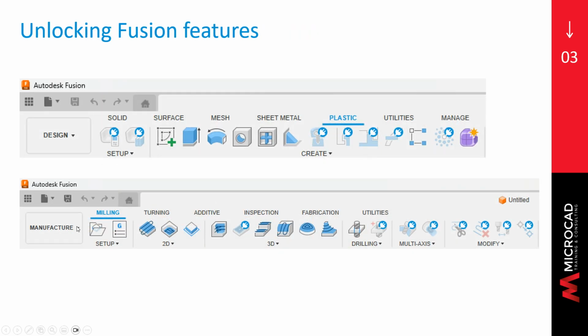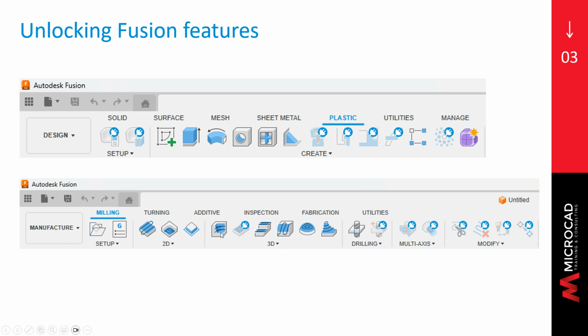Same if you're getting in the manufacturer environment, okay? So you see that if you're working with just 2D features or very simple operations in 3D, you will be able to work on those, right? You will be able to do a setup. You will be able to do 2D operations.